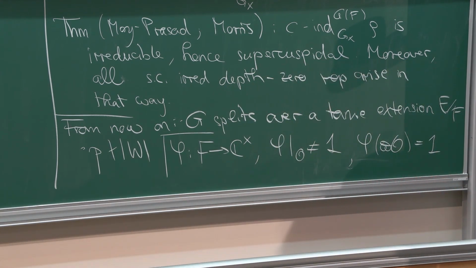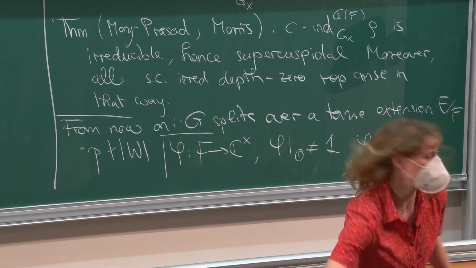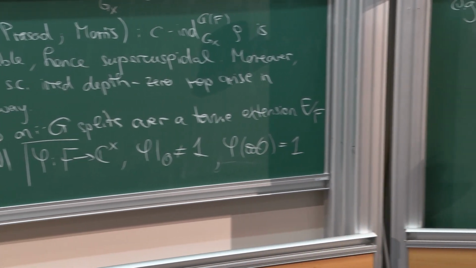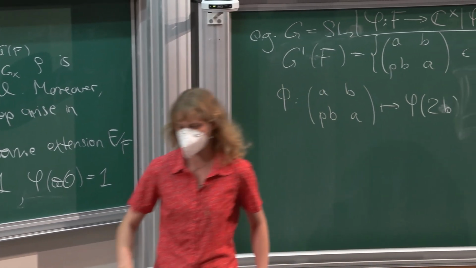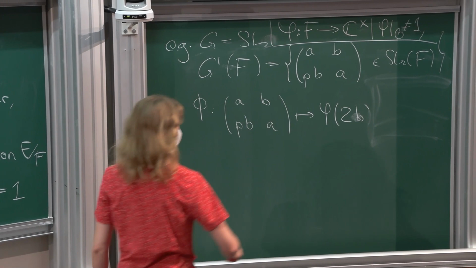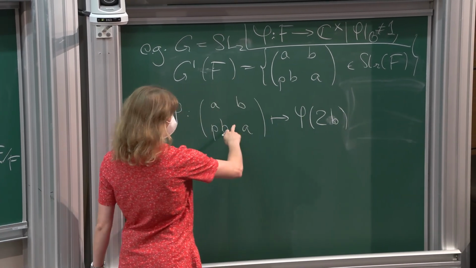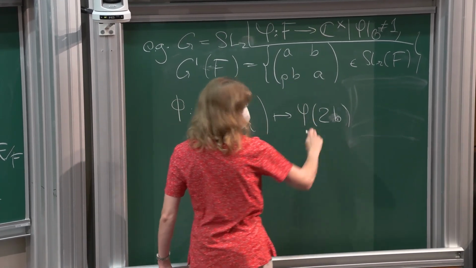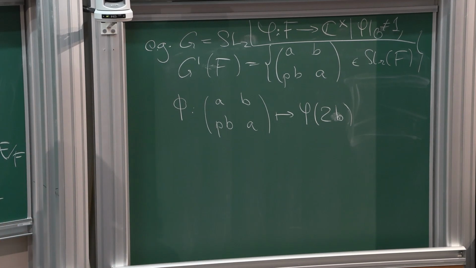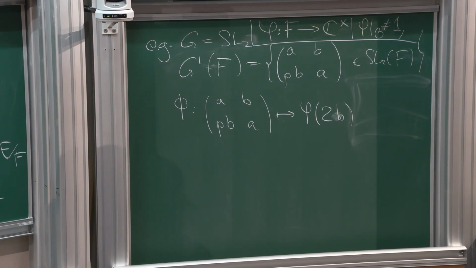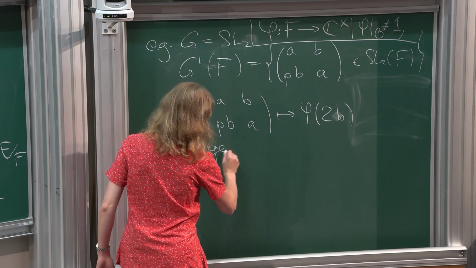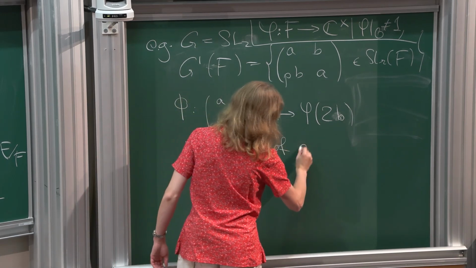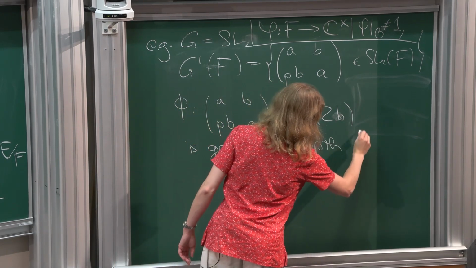One example of a generic character, and that requires some exercise, some work, sitting down to see that this is generic, is to take this matrix, send it to 2b, and then apply this additive character to it. So that is generic of depth 1/2.